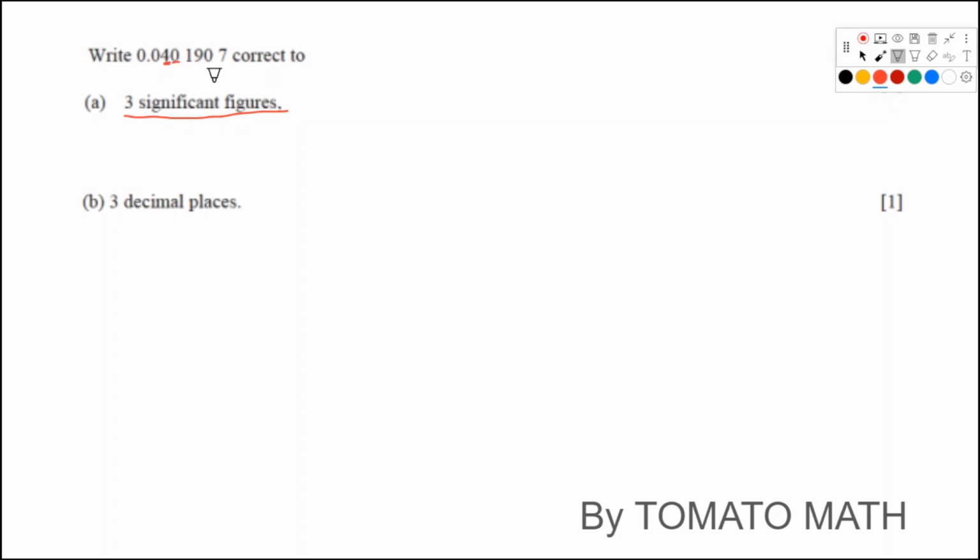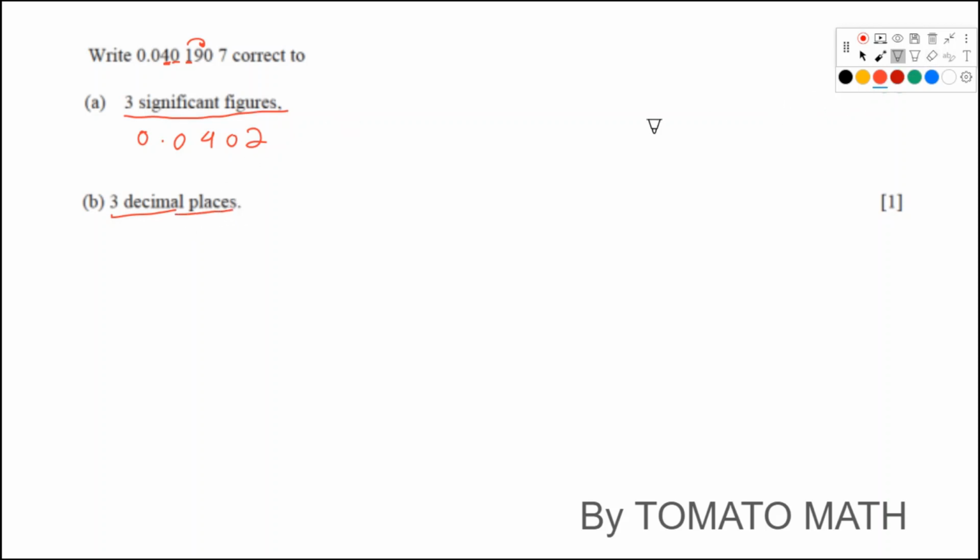So this is the second one, this is the third one. So we will check the number on the right, and it's 9. We know that we have to round 1 to 2 because it's more than 5. So it will be 0.0402.